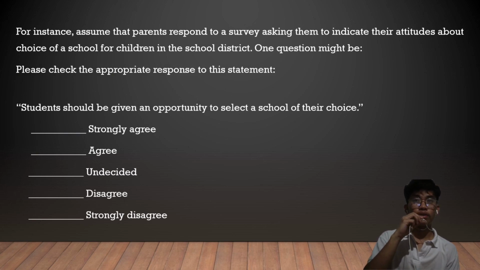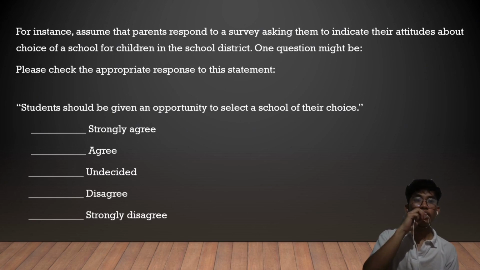For instance, assume that parents respond to a survey asking them to indicate their attitude about the choice of a school for children in the school district. One question might be, students should be given an opportunity to select a school of their choice. The options are strongly agree, agree, undecided, disagree, and strongly disagree. Assume that a parent checks agree.